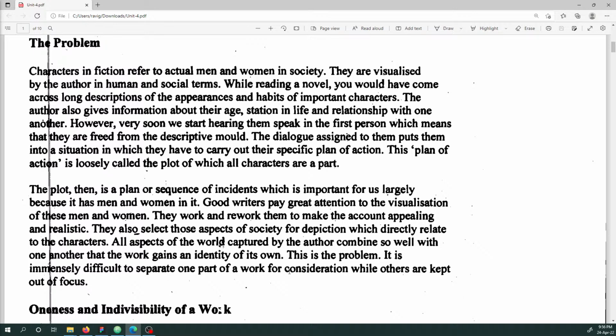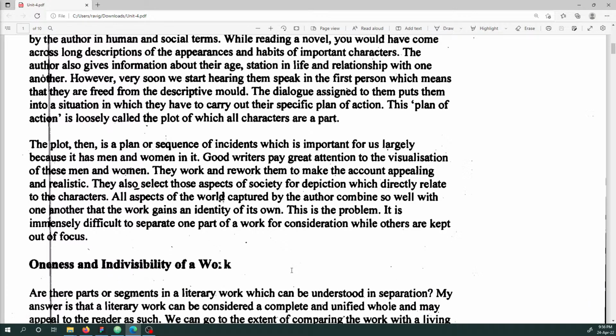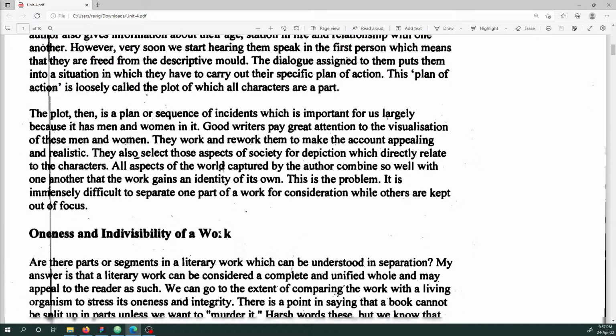It is immensely difficult to separate one part of a work for consideration while others are kept out of focus. Oneness and indivisibility of a work.